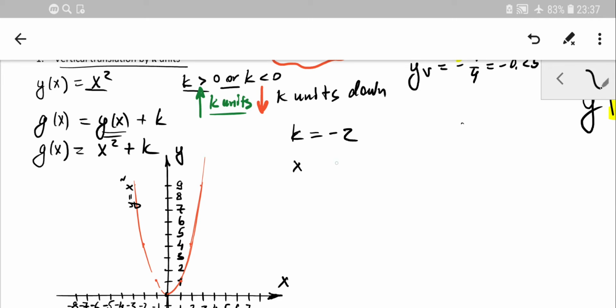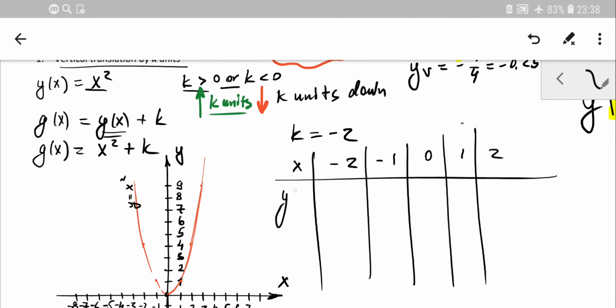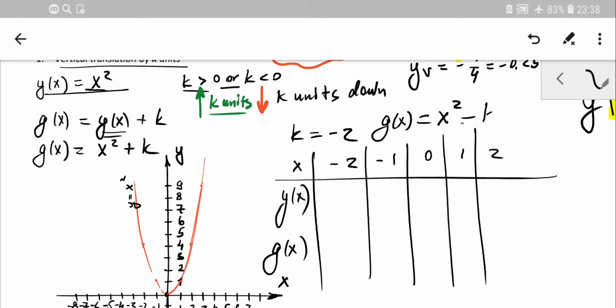Let's take -2, -1, 0, where 0 is the vertex, 1 and 2. Now we also need your basic parabola y of x, which is x squared, and also g of x, which in our case is simply x squared minus 2. Okay, so we have the pattern and we can work with that.